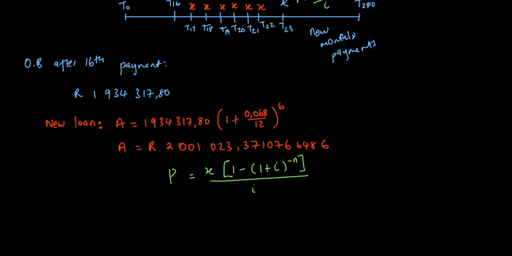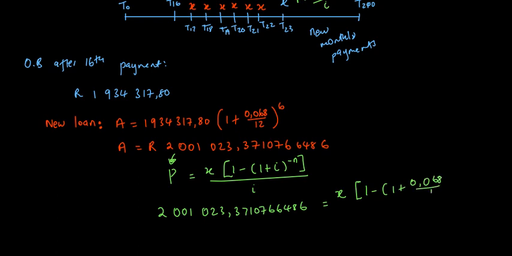The present value will now be the new loan, so you put 2,001,023.371,076,648,6 equals x, the new monthly payment, times 1 minus (1 plus 0.068 divided by 12) all to the power of negative n.